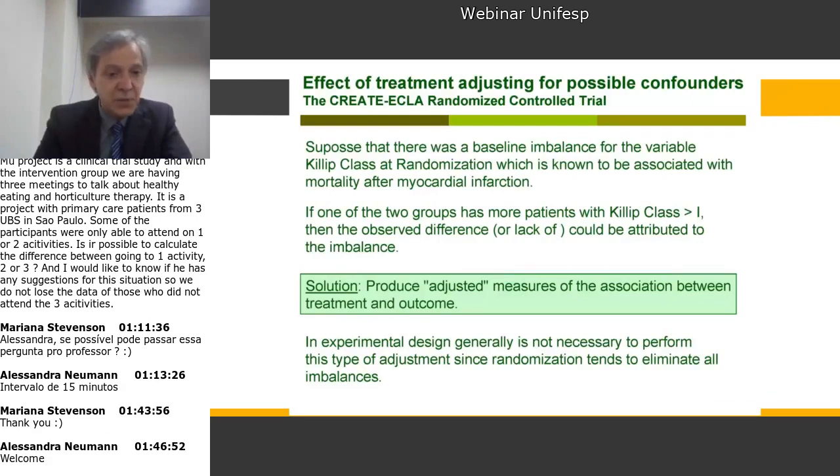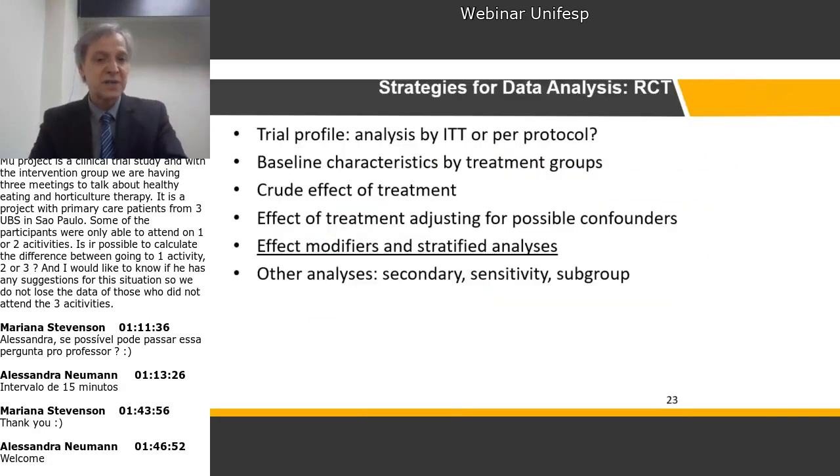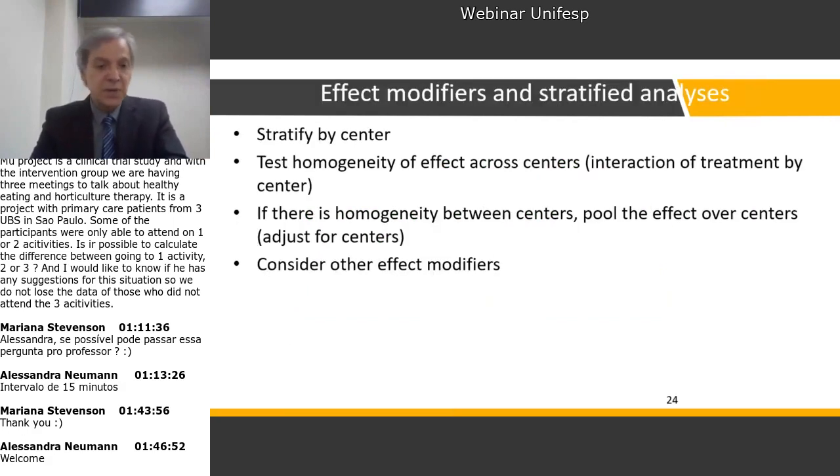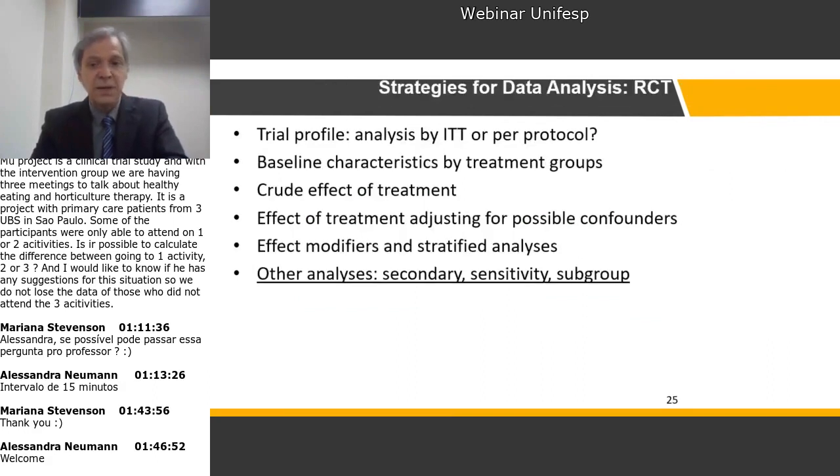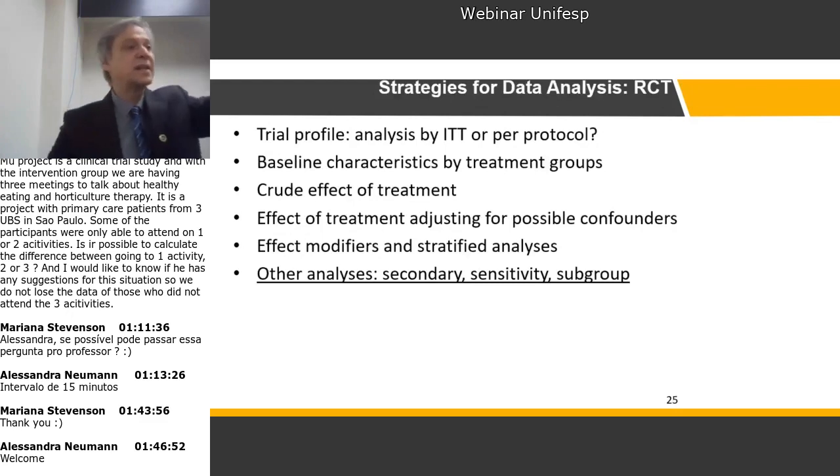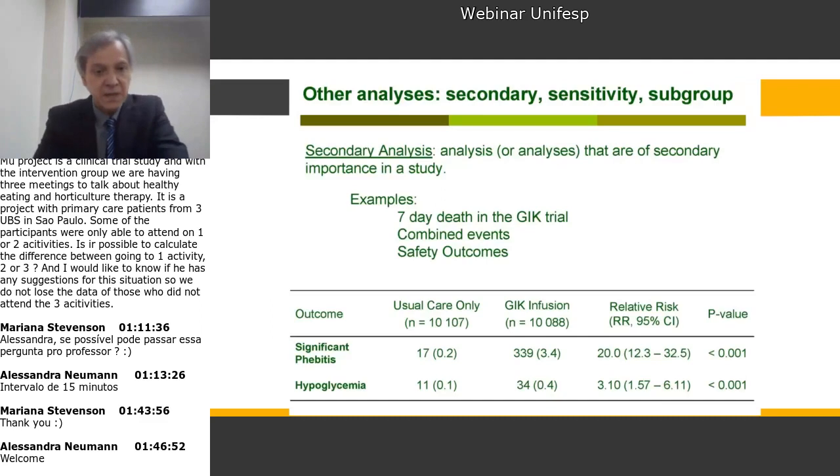I'll skip some things, and I want to show you that it produces adjusted measures of association between treatment and outcome, adjusted for the effect of any possible confounding, but in this case it also does a job of representing the variance of the relative risks estimated a little bit better. I didn't show the numbers. And you also want to stratify sometimes, and this is an example where you would want to stratify because there's some variable that needs to be stratified. There's none here, so there's no stratification.